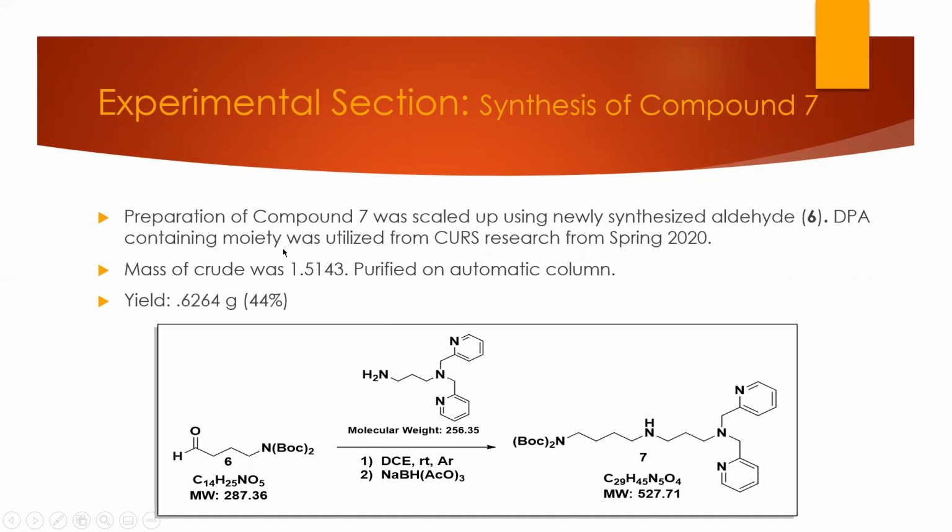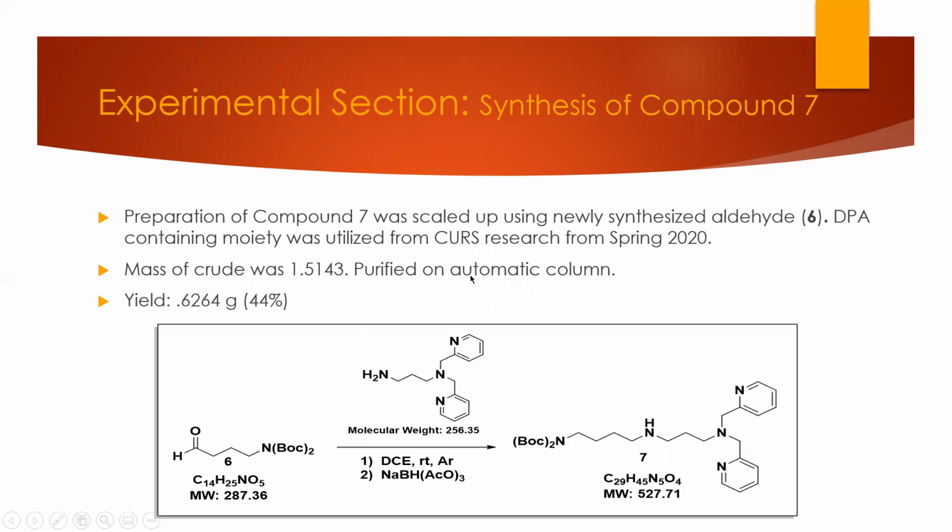Next, we scaled up the synthesis of compound 7 using the aldehyde that I synthesized this semester. Again, the dipicolylamine-containing moiety was produced in spring of 2020. The mass of the crude that we collected was 1.5143 grams, again purified on the automatic column.